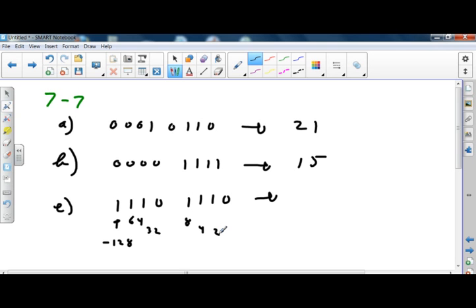So I take 128, minus 64, minus 32, minus 8, minus 4, minus 2, 18. So this is a representation of minus 18.